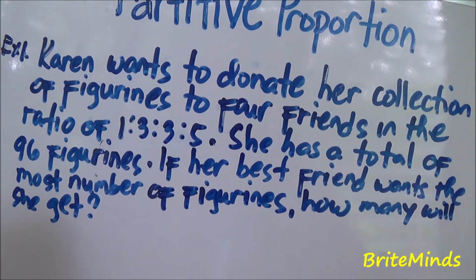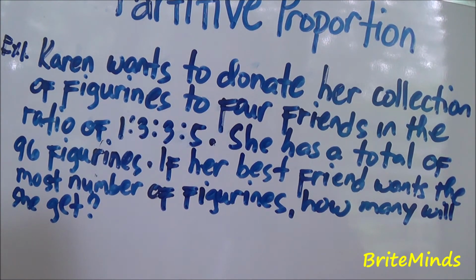So this means that the first friend, maybe friend A, will receive 1 share. Friend B, the second friend, will receive 3 shares of the figurines, and friend C, the third friend, will receive the same quantity, 3 shares.